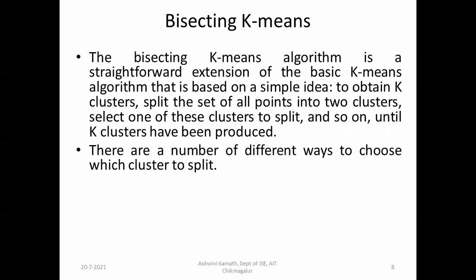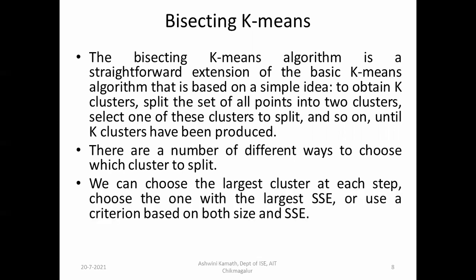There are a number of different ways to choose which cluster to split. We can choose the largest cluster at each step, the cluster whose size is large, where the number of points is more. Or we can choose the one with the largest SSE, the cluster with the higher sum of squared error, and split it.